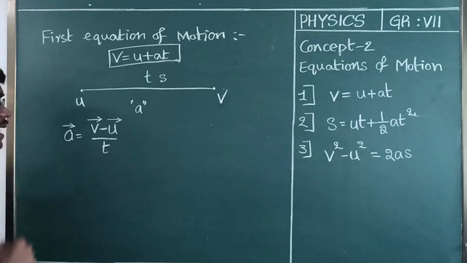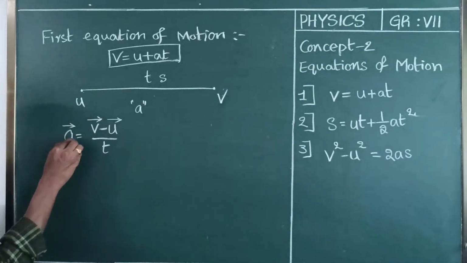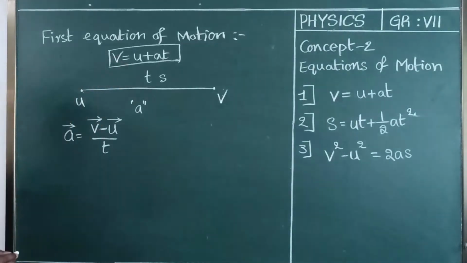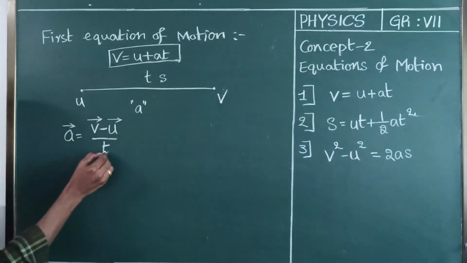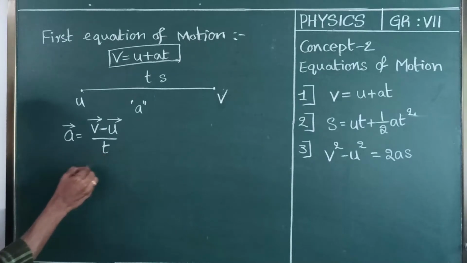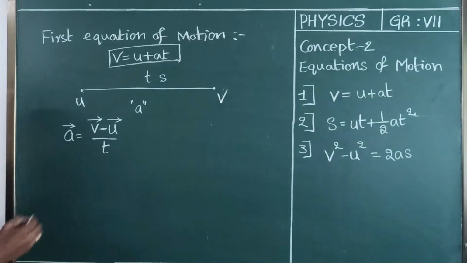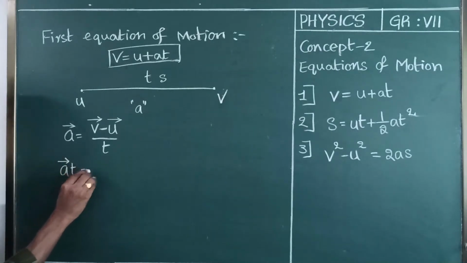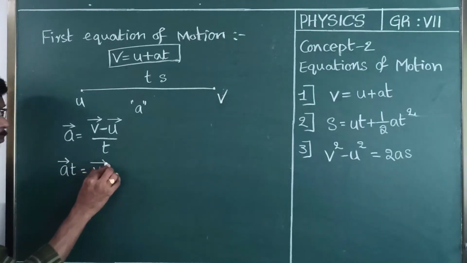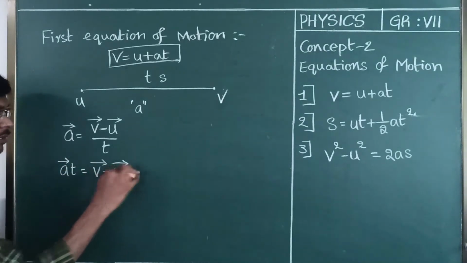From this acceleration formula, how can we derive the first equation of motion, v = u + at? If you send the time to the LHS, it becomes a bar into t, which equals v bar minus u bar.